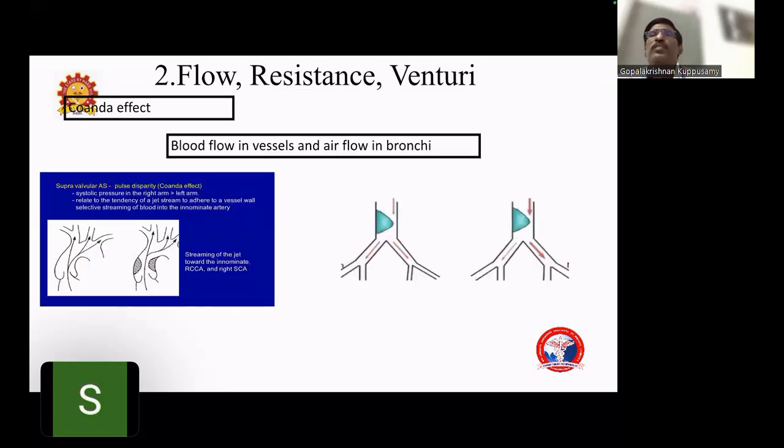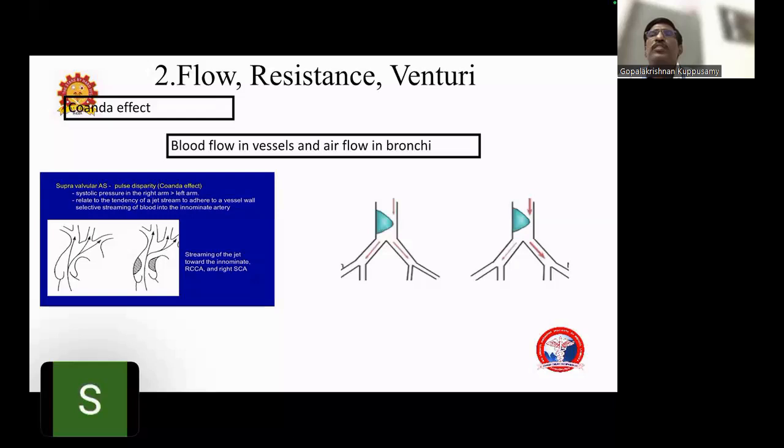Where this is more important, if you take supravalvular aortic stenosis, and the aortic arch branches, the brachiocephalic, carotid and subclavian, whenever there is bifurcation or branching and a proximal obstruction, the blood may cling to flow on one side and we may not get equal blood flow.